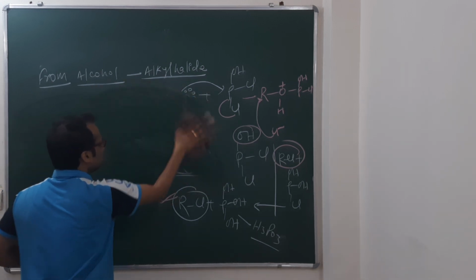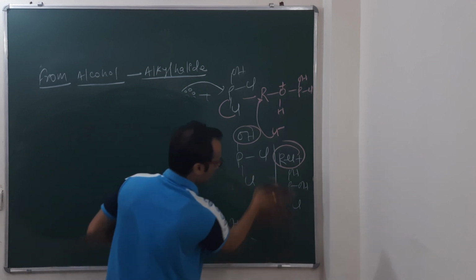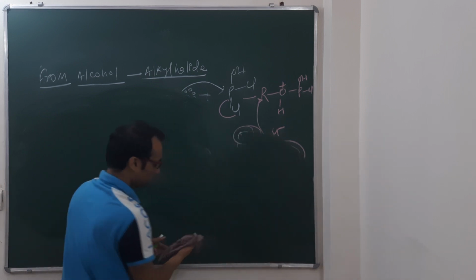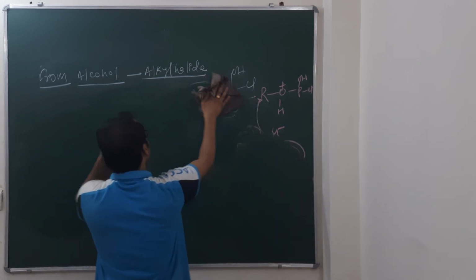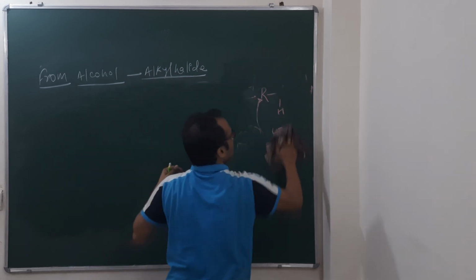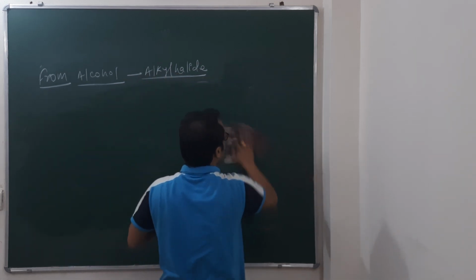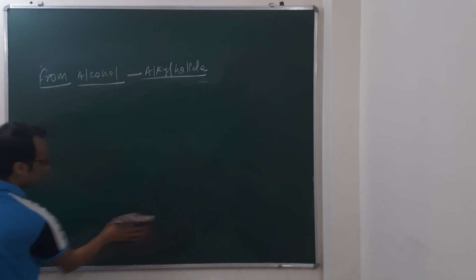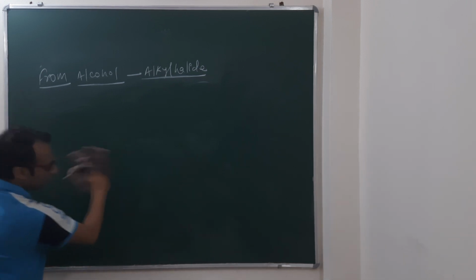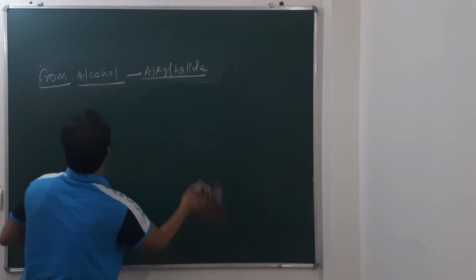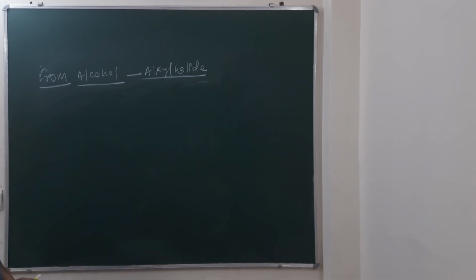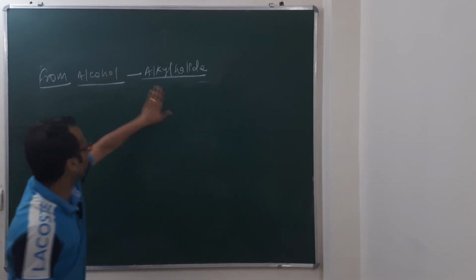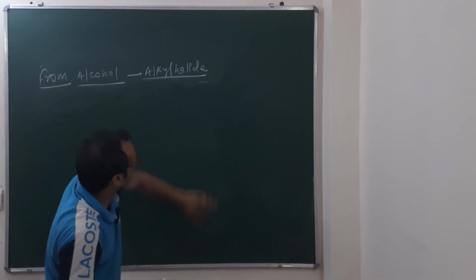One is PCl5, second is PCl3. PCl5 gas and one is solid. See here. Students now understand what will happen? Both mechanisms we understand, how to attack.